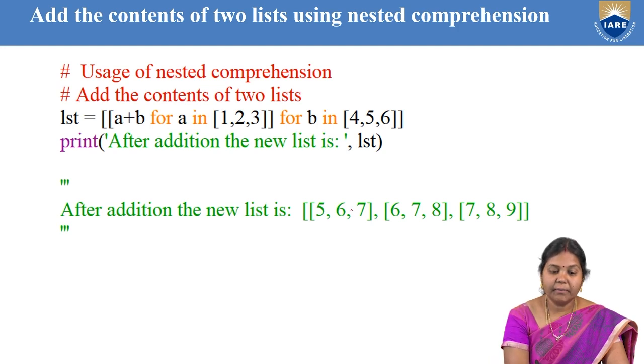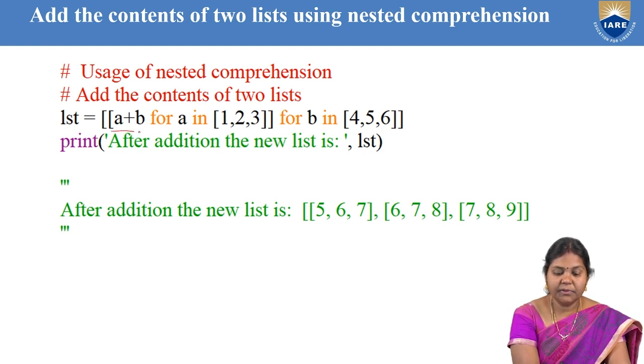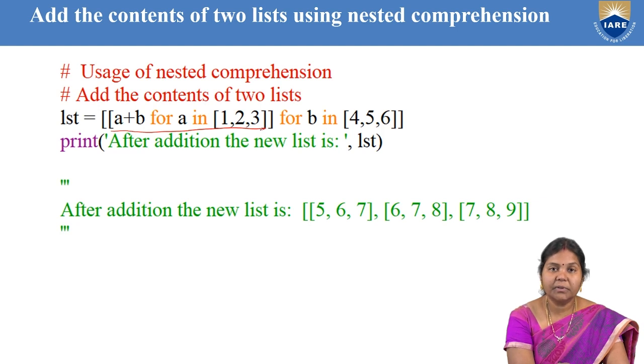In a similar manner, you can add the contents of two lists using nested comprehension also. So how to do that? You can see here, there are two lists, and again a plus b for a in 1 to 3. This is a list.